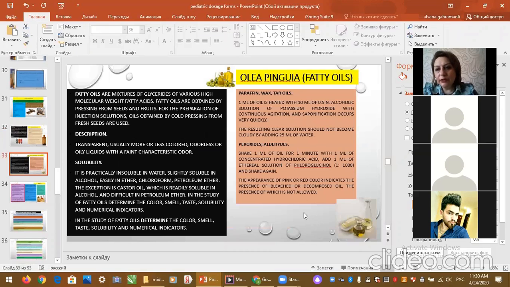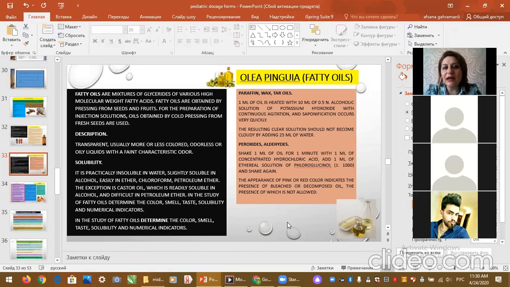Commonly used for preparing children's dosage forms are olea pinguia, fatty oils. Fatty oils are mixtures of glycerides of various high molecular weight fatty acids. Fatty oils are obtained by pressing from seeds and fruits. For the preparation of injection solutions, oils obtained by cold pressing from fresh seeds are used.